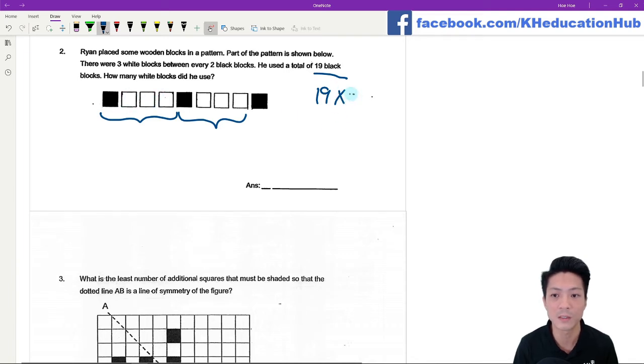So I'm going to use 19 times 3 first, which gives me 57. But remember, 57 includes 3 more at the very end. So I'm going to subtract away those 3 white blocks, which will give me 54. So there is a total of 54 white blocks.